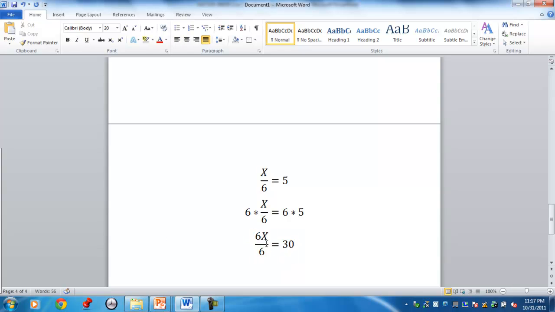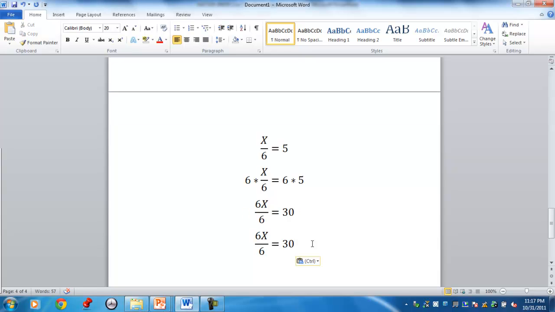And what will happen is that the 6's are going to cancel out, and as a result, x is going to equal 30 in this case, because 30 divided by 6 is going to equal 5.